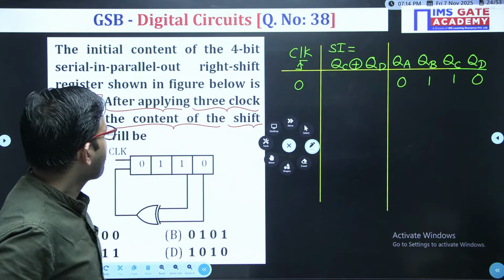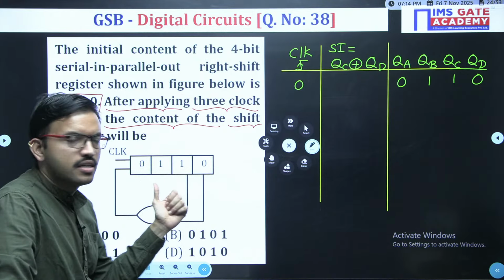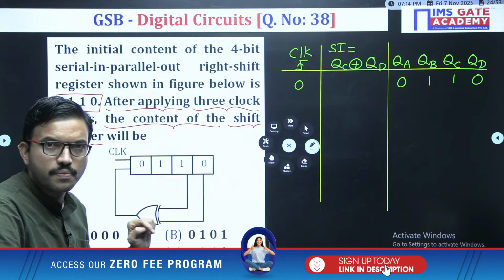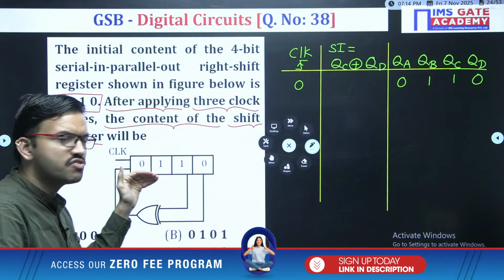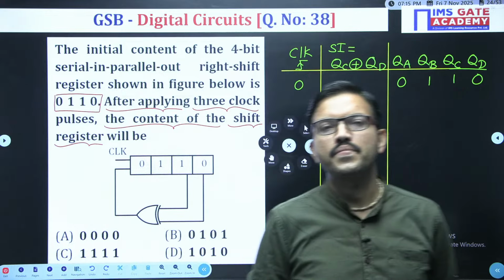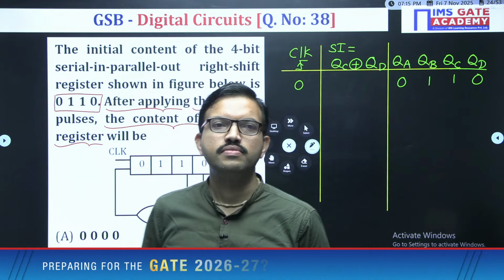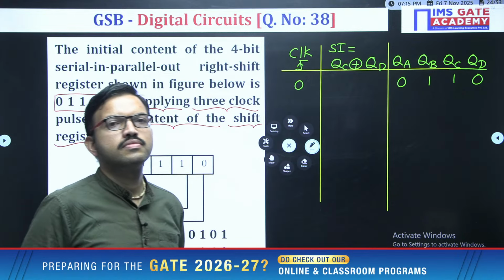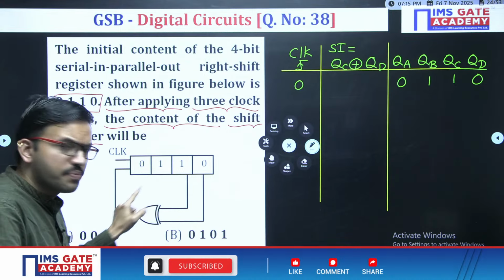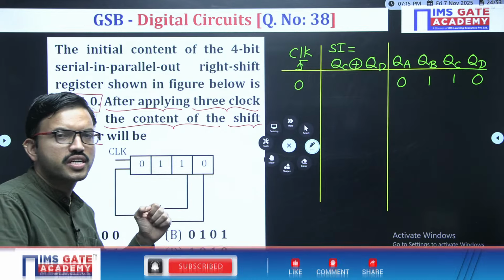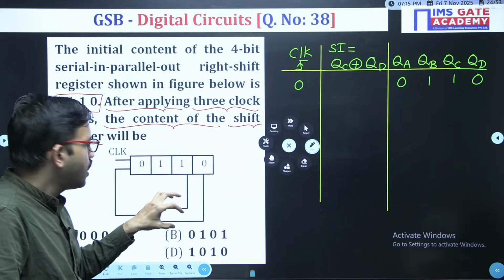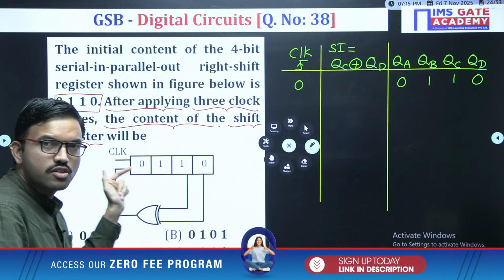Tell me, in order to get this serial input from the XOR gate, do we have to apply the first positive edge of the clock signal, or is the serial input available before that? The XOR gate is a part of a combinational circuit. The moment you have the input combination, you get the output. That means you don't need to apply any clock signal.